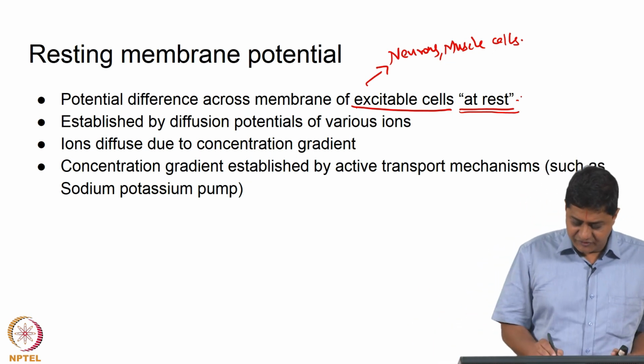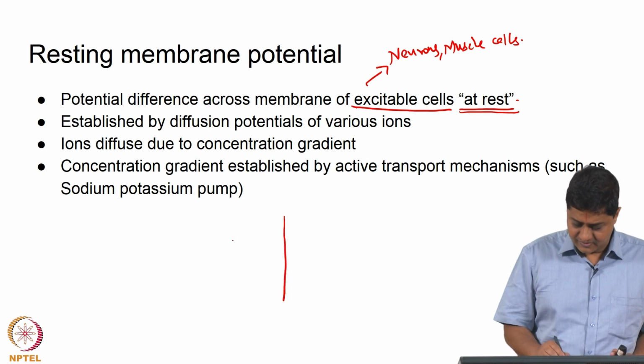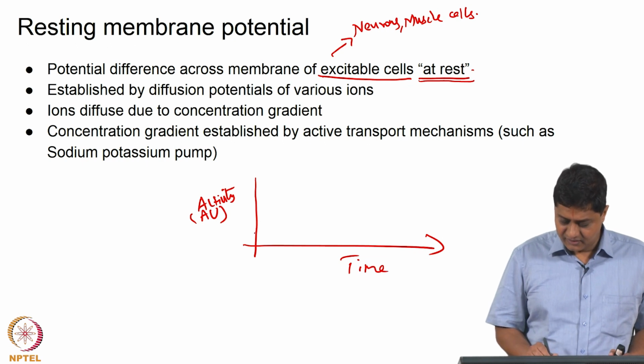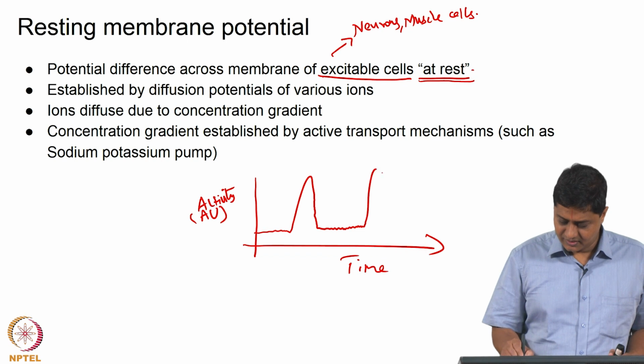But for example, if you consider this is activity in some arbitrary unit and this is time, and this is baseline activity, then there is a greater amount of activity, and then it reduces, and then you are back at baseline activity, and then there is another bout of action, and then you are back to baseline activity.